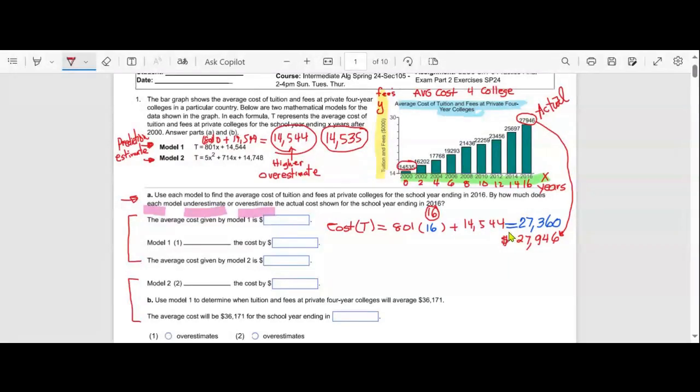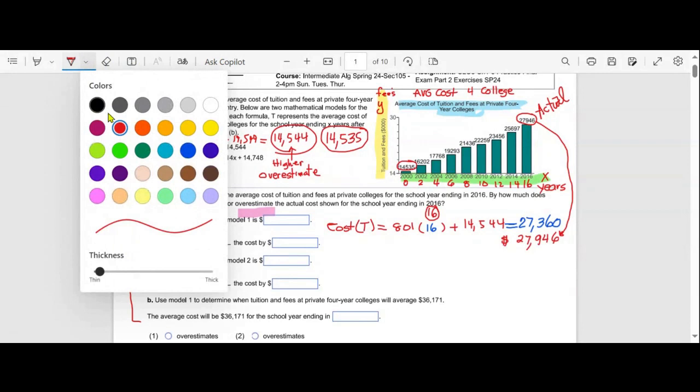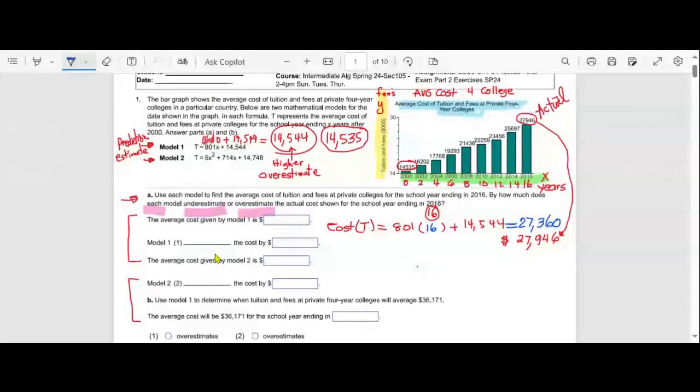Now, which one is higher, the model or the actual? The actual is higher. So that means the model is an underestimate or an overestimate? Underestimate. Okay.